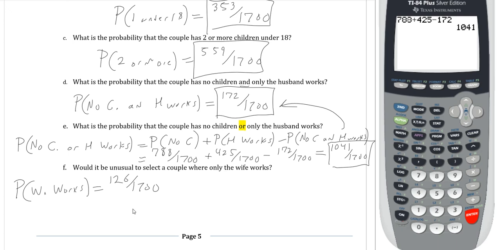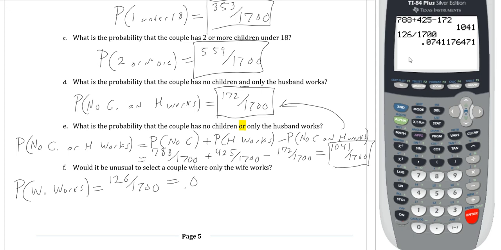Now, to determine if something is unusual, if you remember, we need to compare to 5%. We need to see if this is less than 0.05. So let's find what this value is. 126 out of 1700 gives us 0.074.